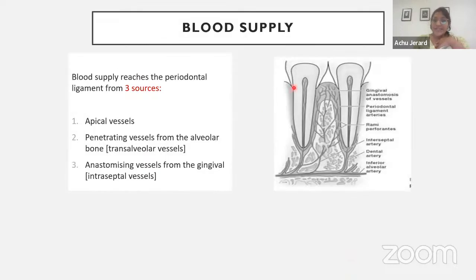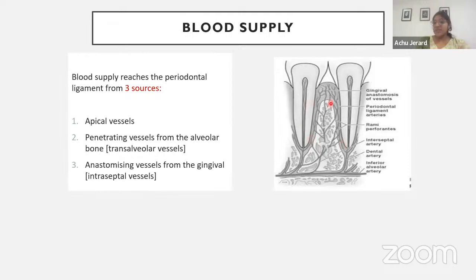And coming on to the blood supply of PDL, this picture will help you to remember it. So this is the PDL. It has anastomosis from the gingival area, apical vessels from the dental pulp, and penetrating vessels from the alveolar septa.